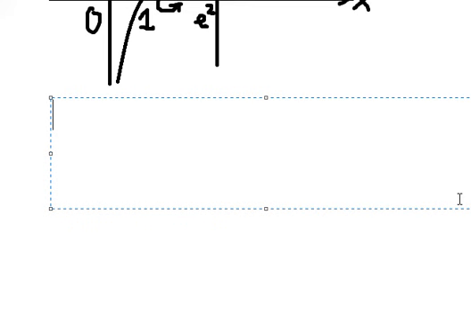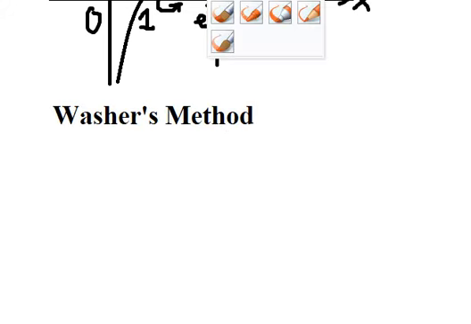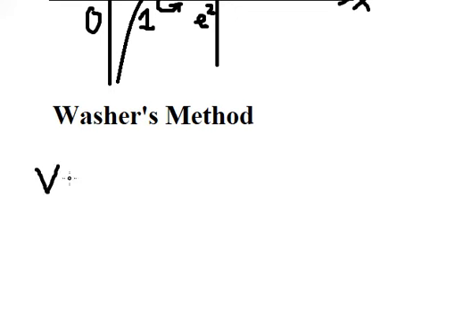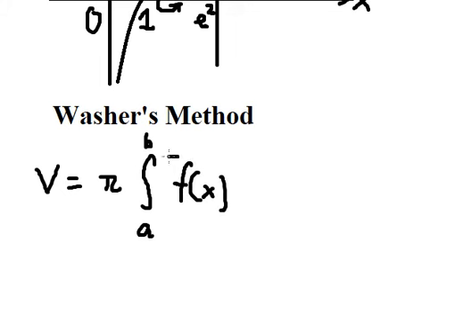So we can use the washer method. So we have the volume equals the integration from a to b of the function to the power of 2.